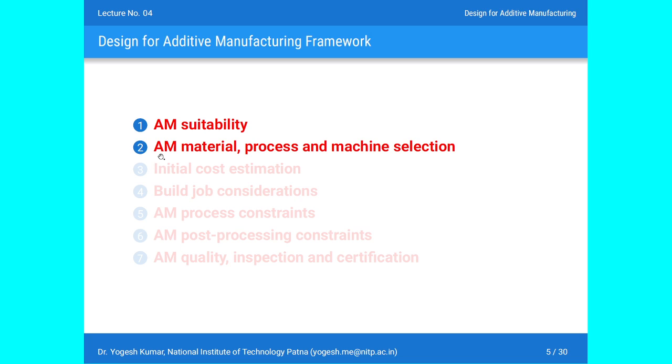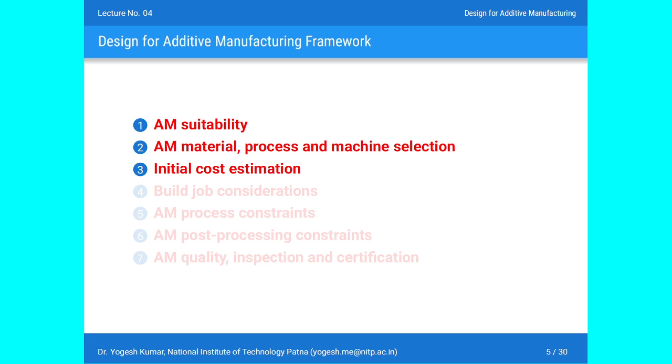Then the second item is about suitability of your material, selection of process, as well as selection of your machine. Okay, then the third component is your initial cost estimation.